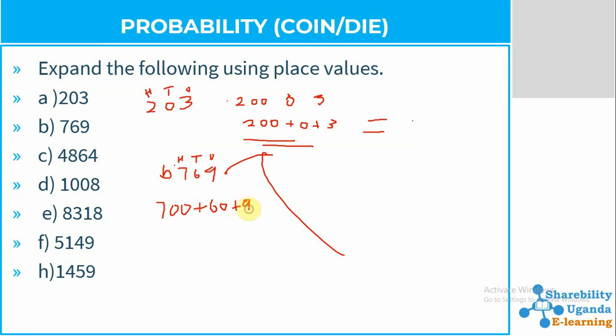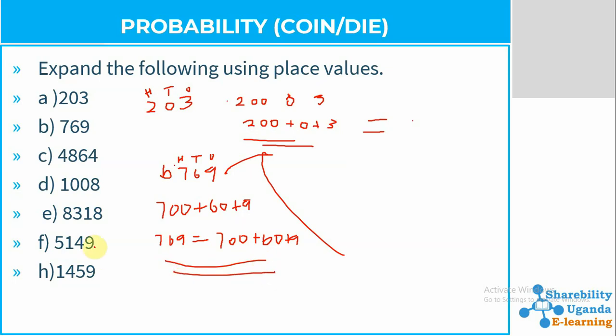Okay, so this will simply give us 769 will be equal to 700 plus 60, then plus our 9. So in this case we shall have solved our number.